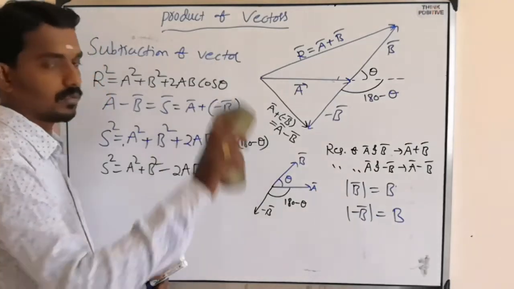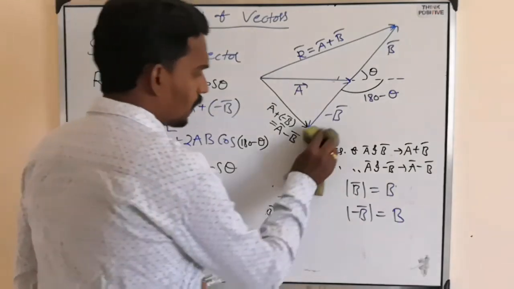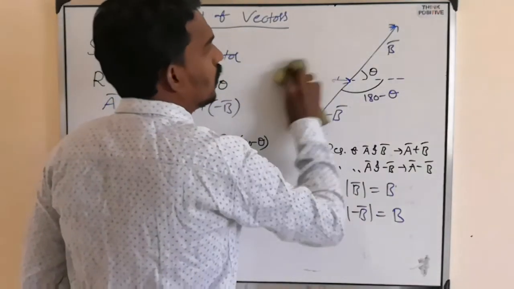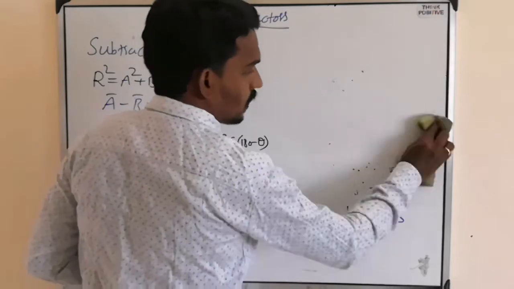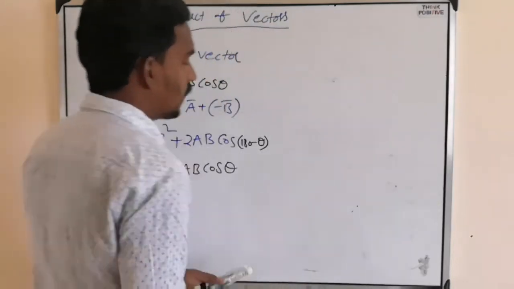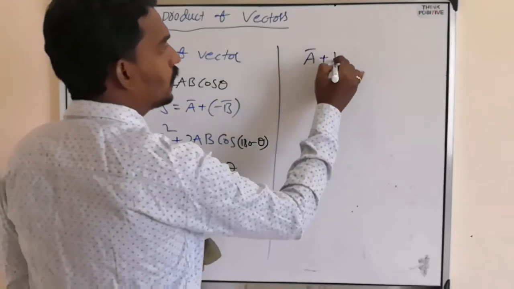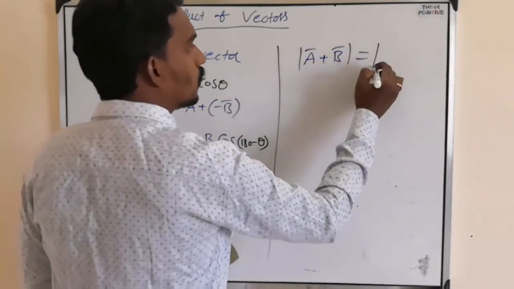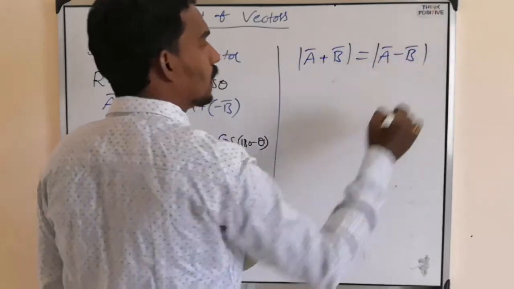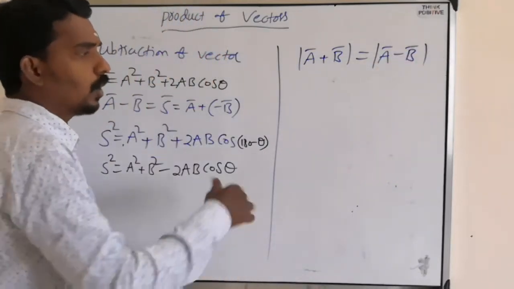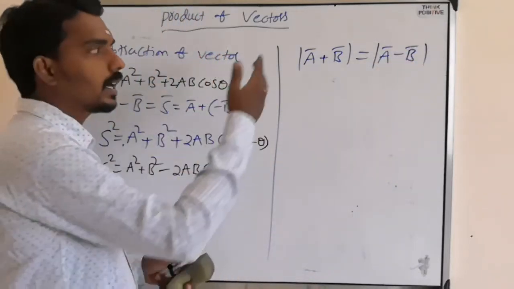So remember this also. Sometimes they will give pure questions based on vectors in the entrance. Like one example I will give you. They have given the magnitude of A bar plus B bar equal to the magnitude of A bar minus B bar. Then what is the angle between A bar and B bar?